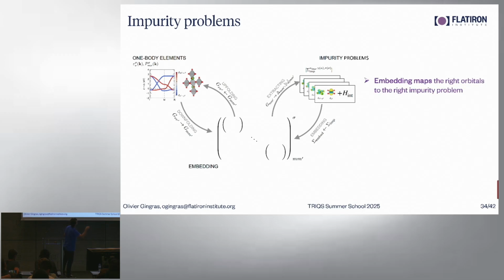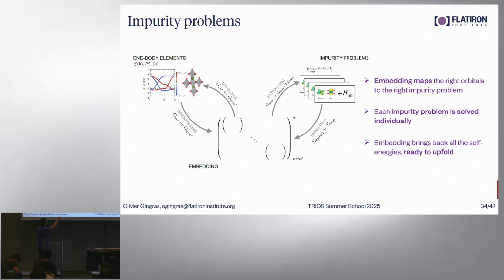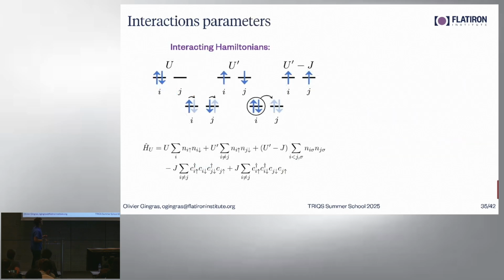So embedding makes sure that the right orbitals are mapped to the right problem, and it solves each of these impurity problems individually. The resulting self-energies are again brought back into the embedding space. And in the end, you're ready to upfold back to the full lattice. Okay, so now there's just a few details I have left about what are the degrees of freedom you can have in the impurity problems themselves.